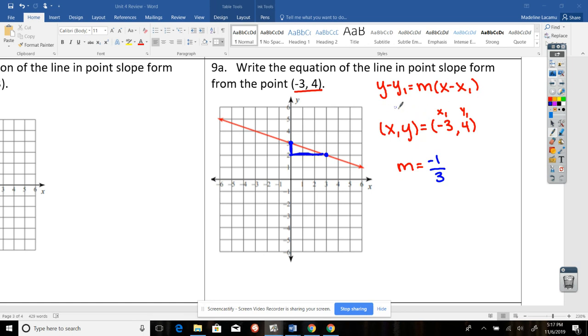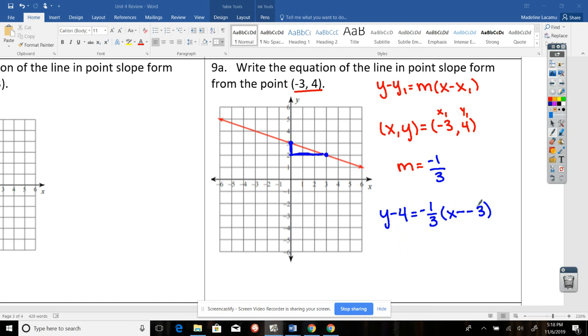So now we just have to put it in this equation. I have y minus, my y1 is a positive 4, so y minus 4 equals my m value, which is negative 1 over 3, times x minus, my x1 value is negative 3, so minus negative 3.